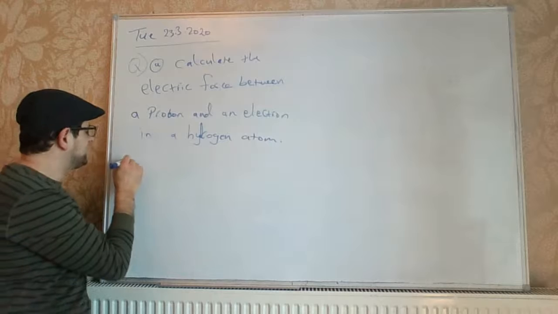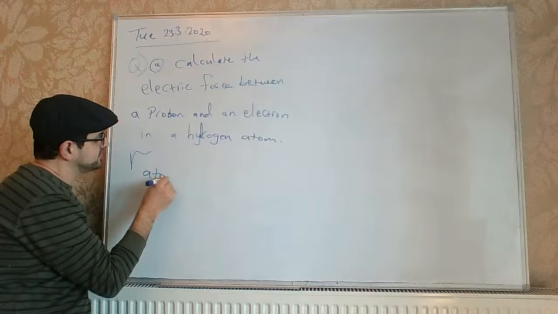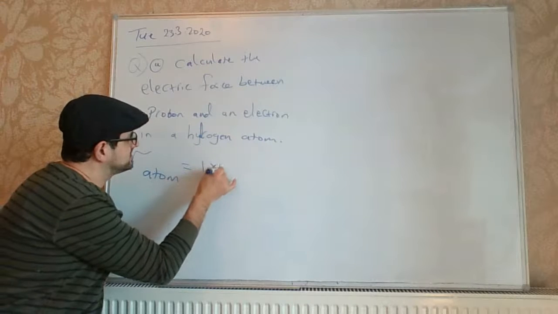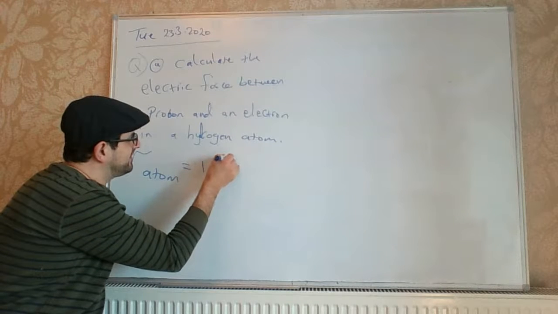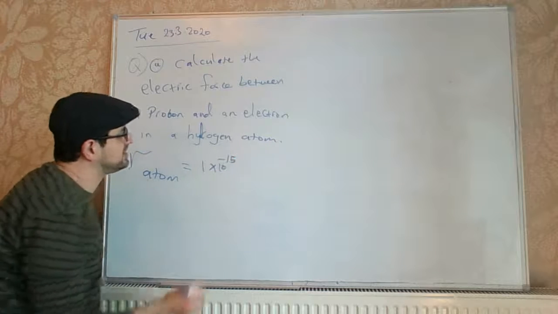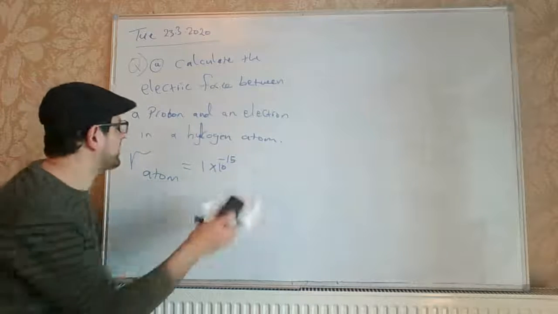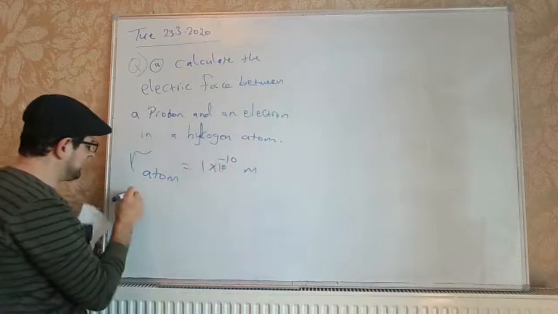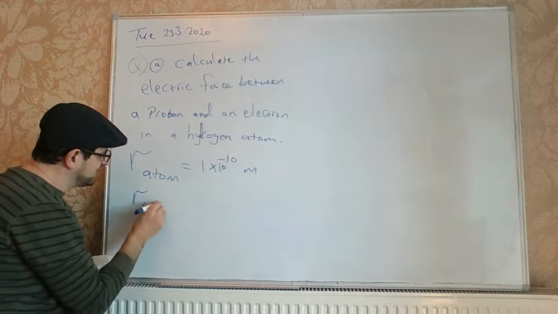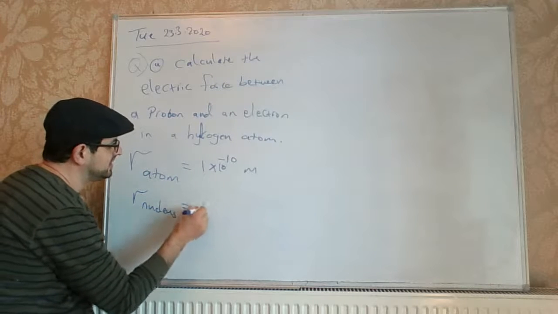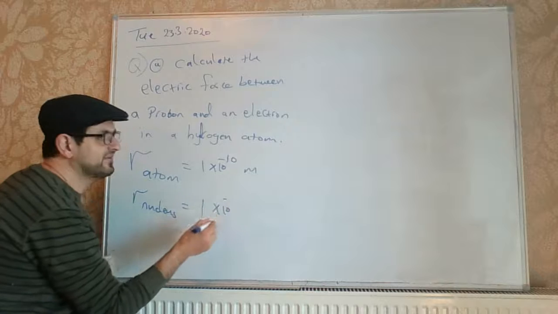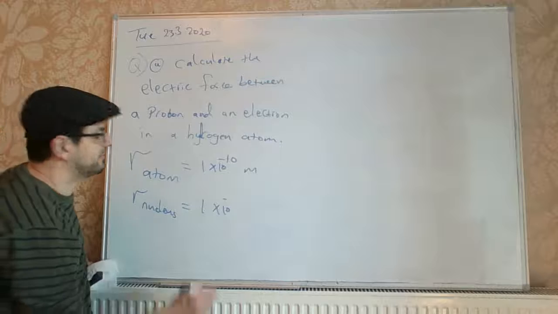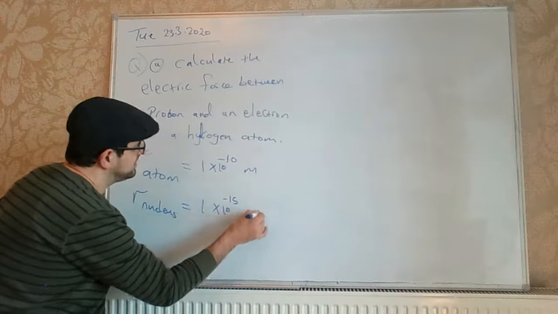Hydrogen atom: they give us the radius of the atom as 1 times 10 to the power negative 10 meters, and the radius of the nucleus as 1 times 10 to the power of negative 15 meters.